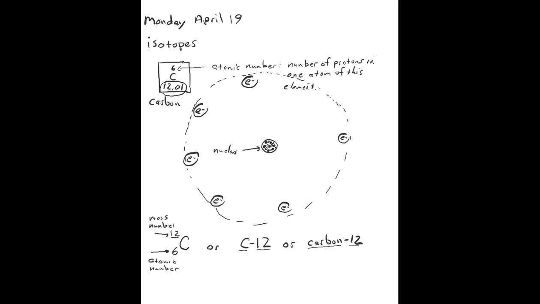Okay, the mass number. Roughly speaking, the mass number is close to the same as this number over here. They're pretty close. One way you can tell the difference is the mass number is going to be a whole number, an integer value: 1, 2, 3, 4, 92, 200.